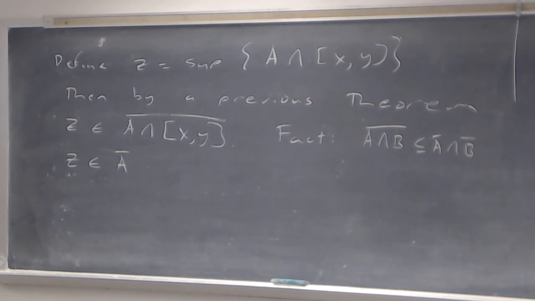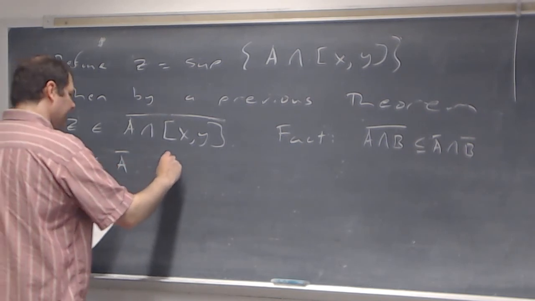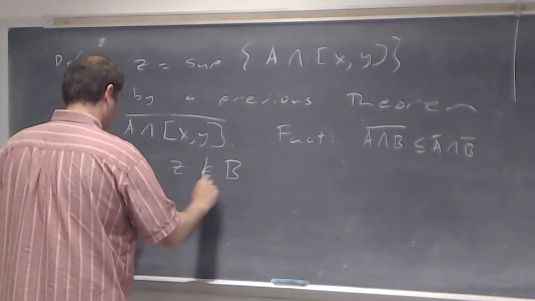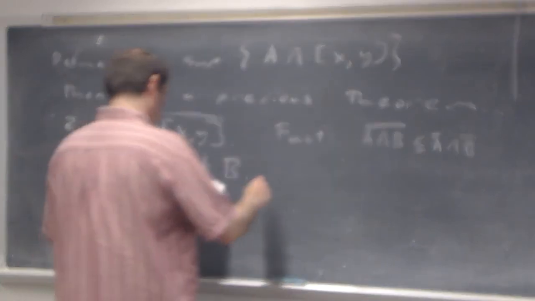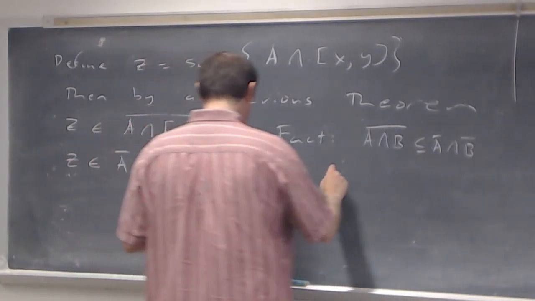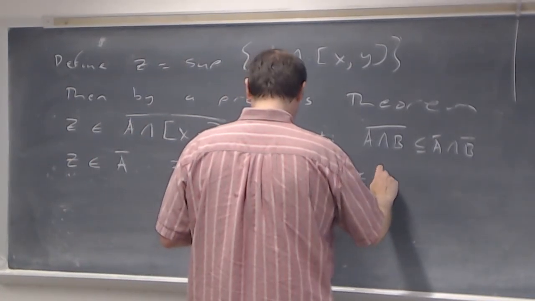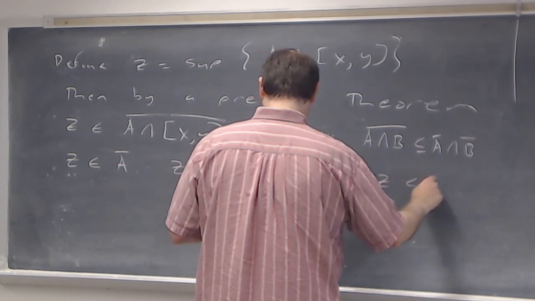Now remember, E is not connected, and E is equal to A union B, with A and B separated. And so the closure of A has nothing in common with B. So if z is in the closure of A, that means z cannot be in B. So that means x is less than or equal to z is less than y.